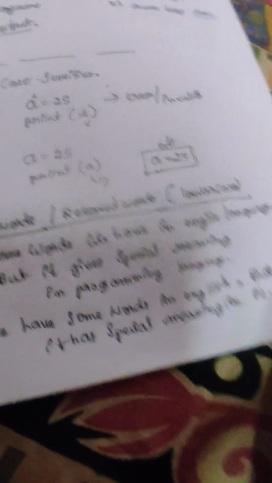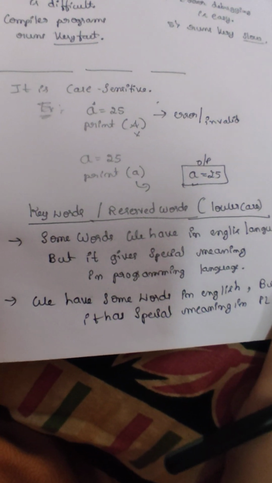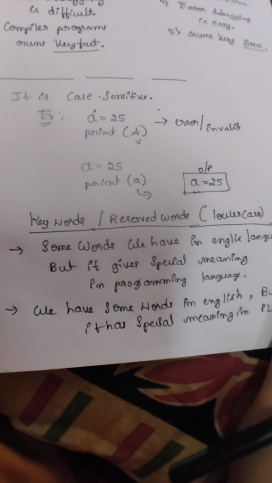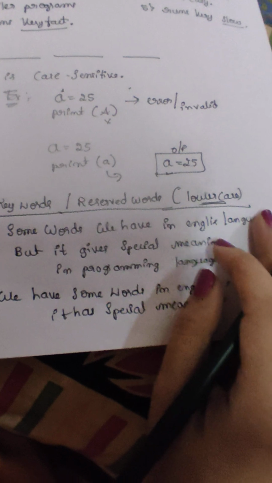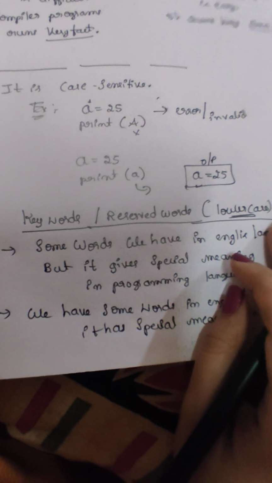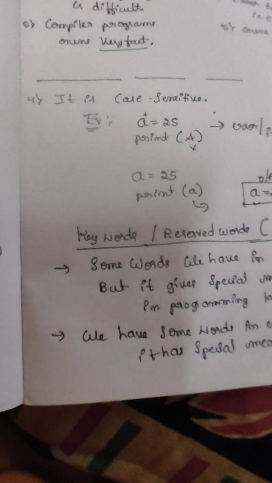Here PL means programming language. Here in Python also we have keywords. In those keywords, every keyword should be in lower case. If we give any keyword in uppercase, it shows invalid or error. That much, Python is case sensitive.